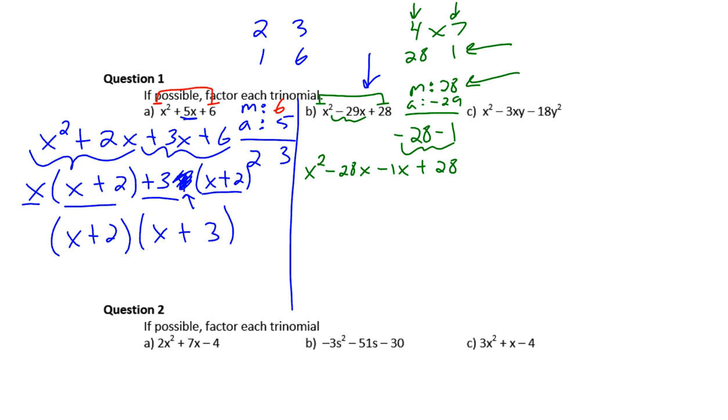And again, now we're going to just factor by grouping. So what's common to x squared and negative 28x? Just x. So x, start a bracket, and then you're left with x minus 28. Okay, so that's good.